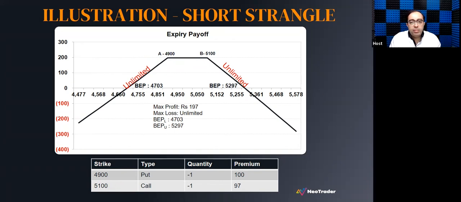So the overall range, the total addition of the premium you are subtracting from 4900 and adding to 5100, you are creating 4703 and 5297. So this is your break-even point. If the market is within this range, you will not have a problem and you will continue to enjoy the premium received. But if the market goes beyond that, only then you will face a problem.